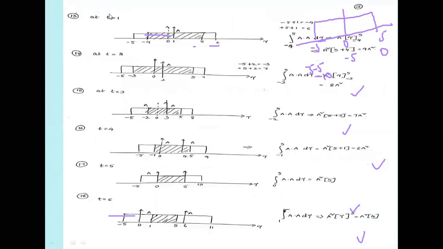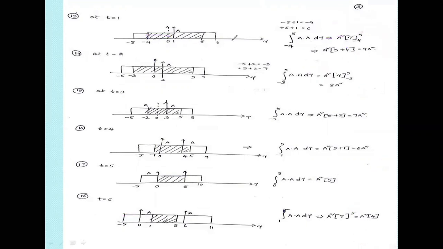Then, moving further, t equal to 1, t equal to 2, 3, and so on. Again here minus 5 to 5, the values 0 and 5. Previously it was t equal to 0, now t equal to 1.